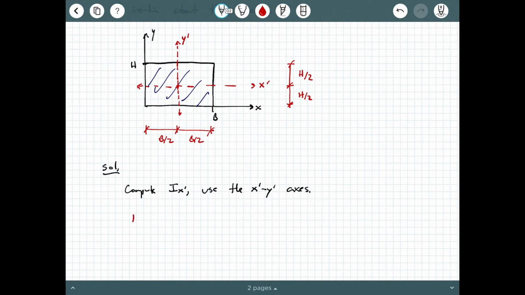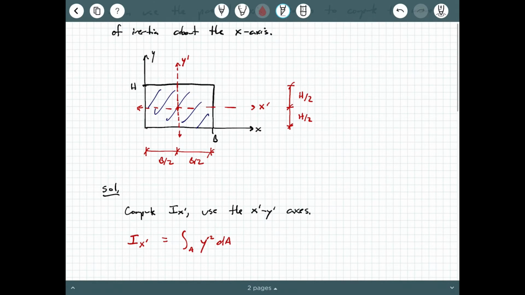The integral form still has the same general form, the integral of y squared dA. But the difference is we should go ahead and say it's y prime squared, since we're really basing it off of the centroidal axes right now.